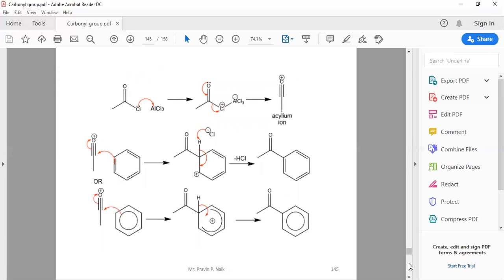If you see the mechanism, what happens is acetyl chloride and the AlCl3 will react first. The chloro group will form a bond with the aluminum because it is electron deficient. So there will be bond formation, and this group leaves and it forms the acylium ion.